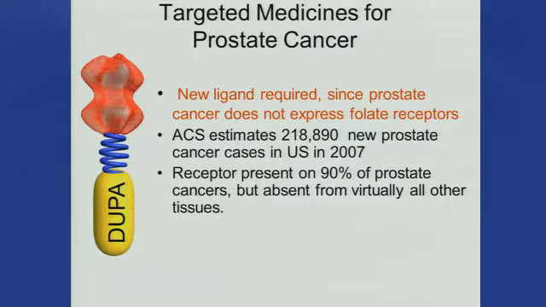Now, after experiencing what we felt was good success with the use of folate to target cancers, we decided to undertake to find new targeting ligands that might help us to address the need to target drugs to those tumors that don't express high levels of folate receptors.